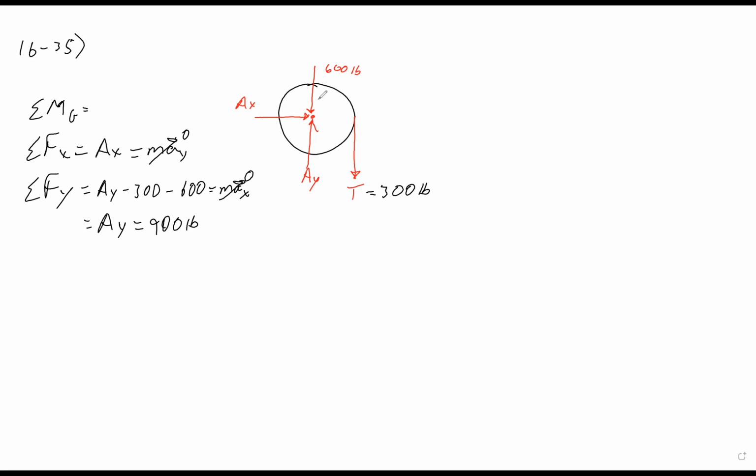We have a center of gravity right here that's also at the anchor location at point A. So these 3 forces at point A will not be part of the moment about G calculation. The only force that matters is the tension that is 3 feet away from the center of gravity. Then 3 feet times T is equal to the rotational inertia about G times the angular acceleration.